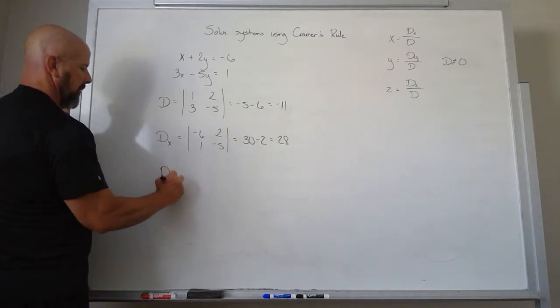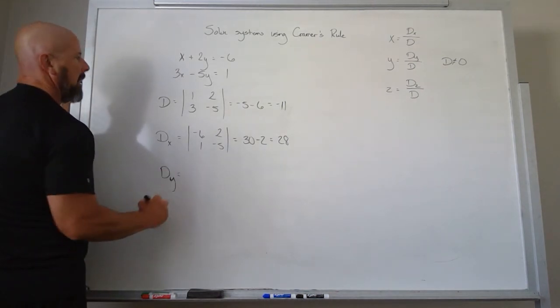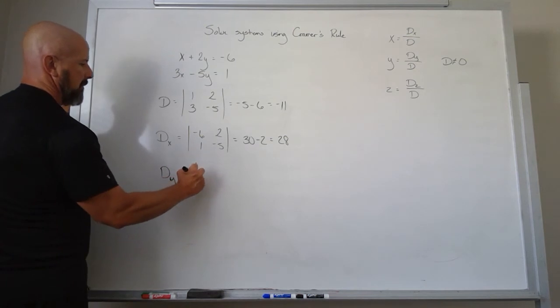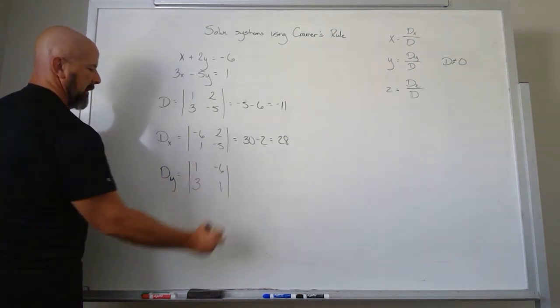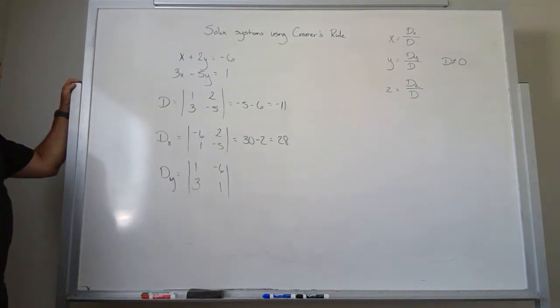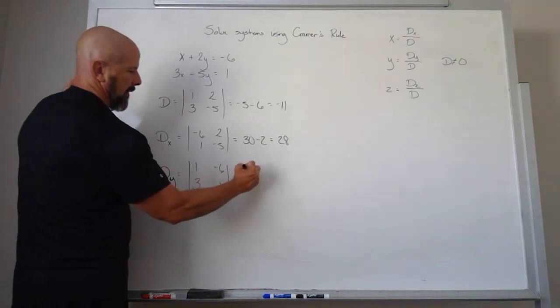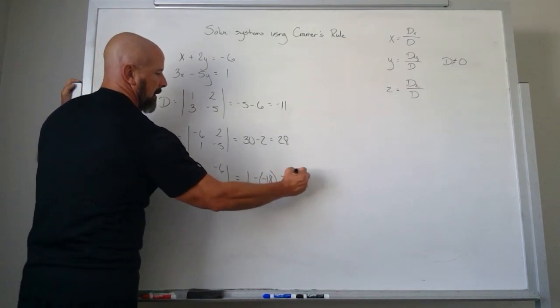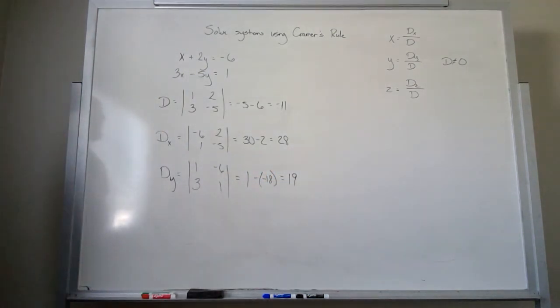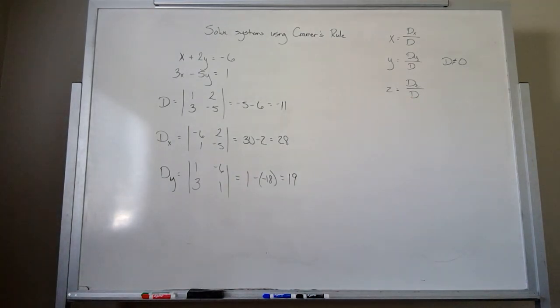D subscript y: the answers replace the y column, so negative 6 and 1 in that y column. Evaluate. 1 minus negative 18 is 19, and then I'm set up to go find x and y.